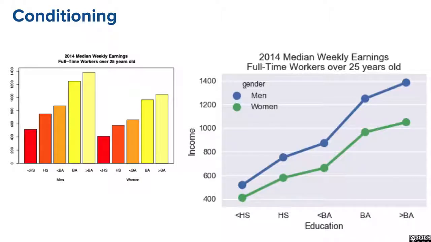We can change that by conditioning on the gender of the person, or the gender of the group. By plotting the same data, but just aligning the points on the x-axis, we see here that the gap in wage between men and women is quite large and actually is increasing as education level goes up. You see a small gap for people without a high school degree, which grows to be quite a large gap by the time people have a college degree.